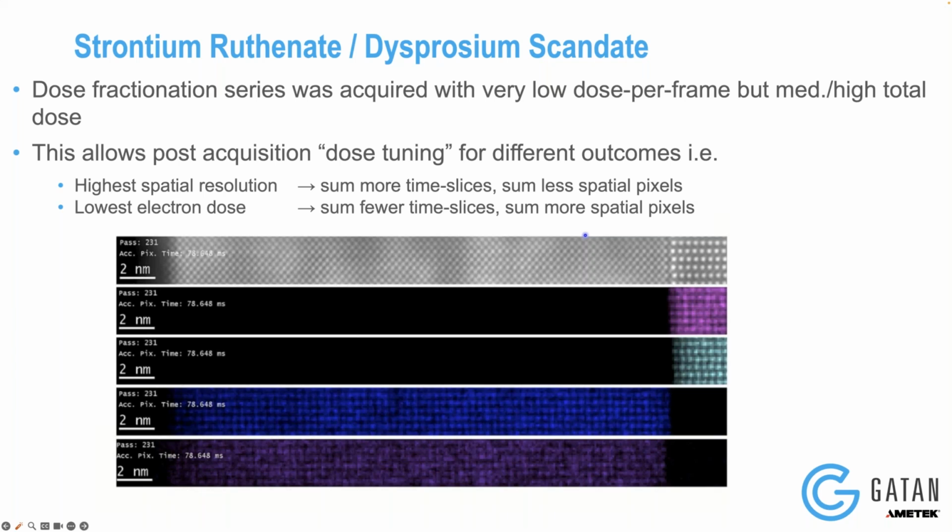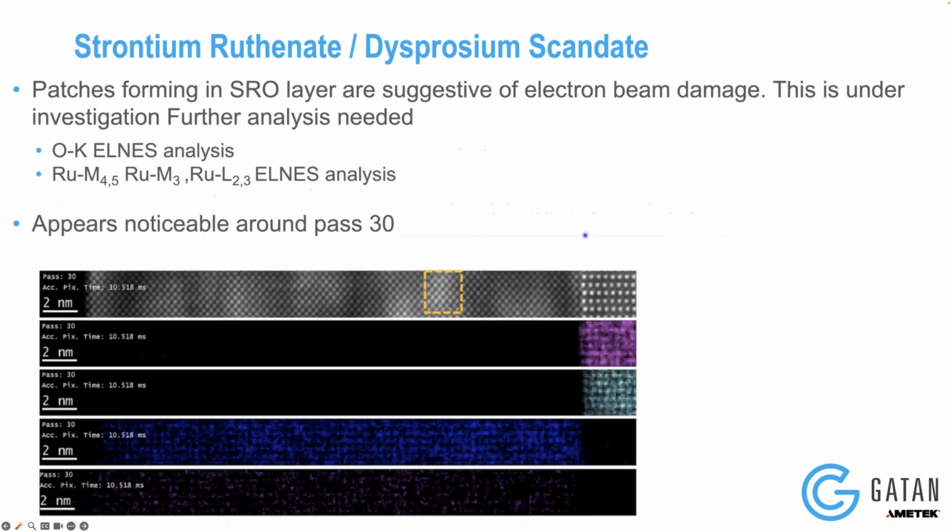So with this data set in particular, I started to notice that patches form in the SRO layer. That is indicative of electron beam damage. The analysis here is far from complete, and this is just the first round.